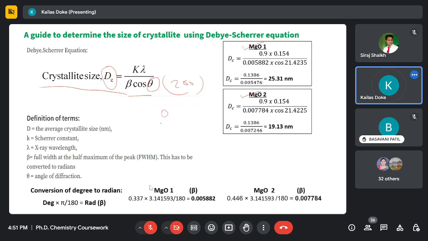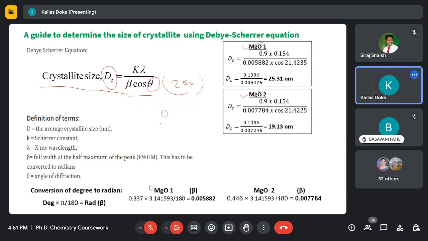It should be in radians. So we have to convert not the theta, but these beta values. We got the beta values from the maximum intensity half width peaks, and that value comes from the x-axis where there is a 2 theta or theta value. So we got this in degrees, and that angle has to be compulsorily converted into radians.